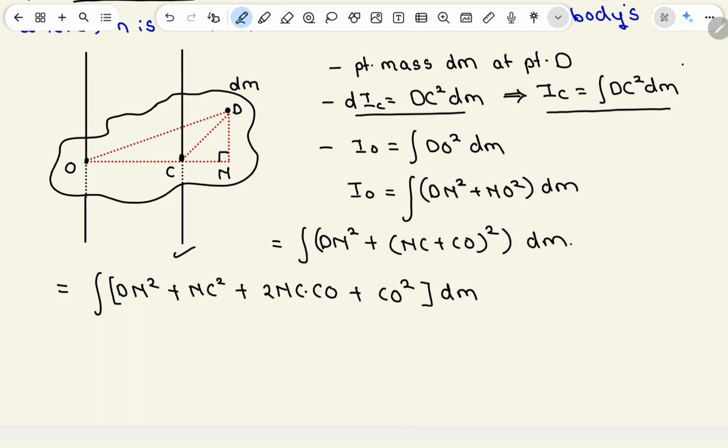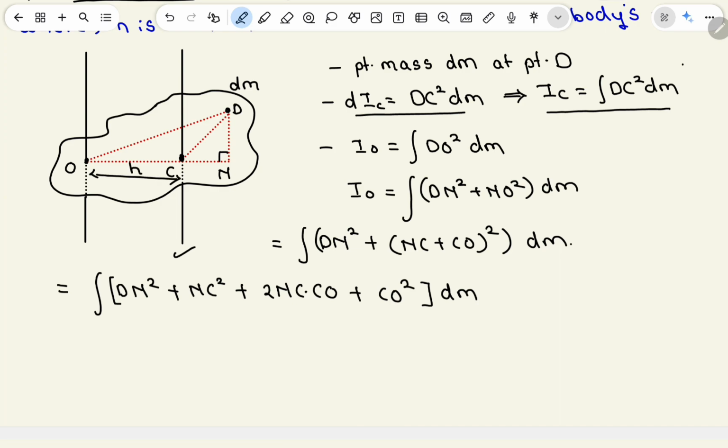Before multiplying dm to all the quantities inside the bracket, let's specify the distance between the axes, which I forgot to, as h in the diagram.